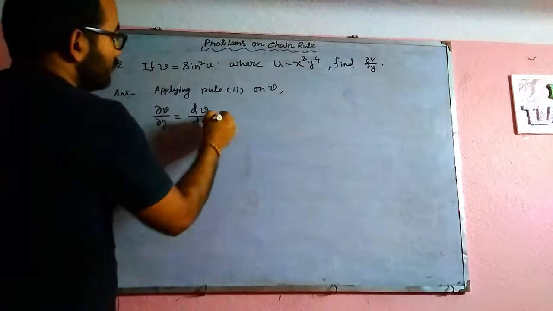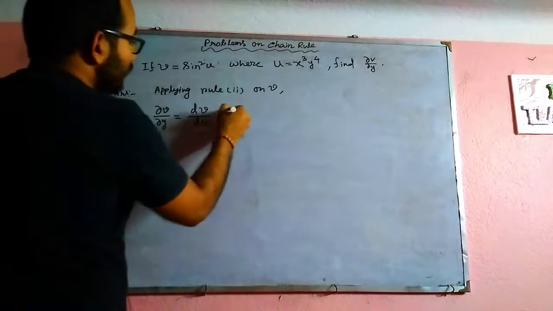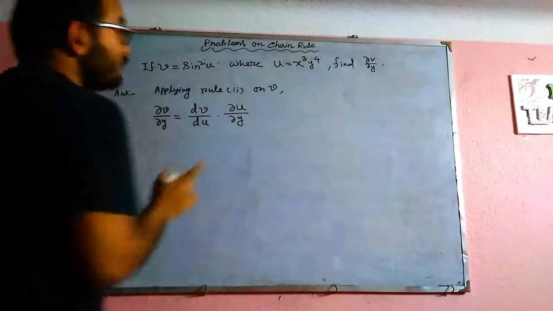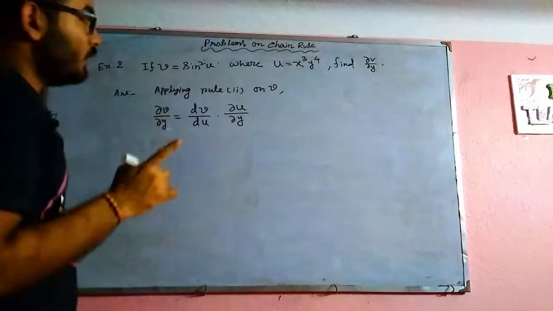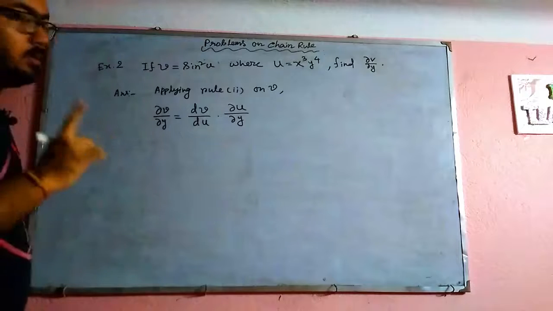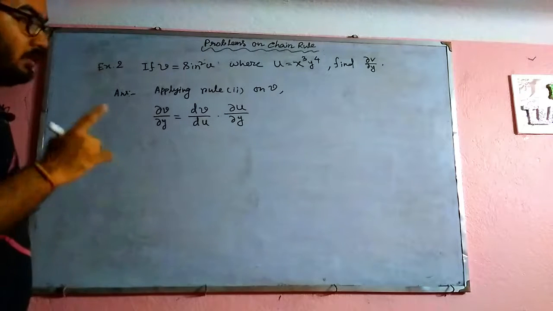So dv du into del u del y, because u is a function of two variables x and y, and del u del y is the partial derivative with respect to y.